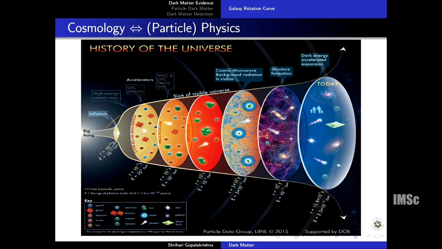And we can go to even larger scales, and that's where we need inputs from cosmology. We have gone to such large scales that we have to really deal with the fact that the universe is expanding and then make sense of the whole picture. This graphic tells us, as we are here, present day, and if we look farther and farther, it is like looking back in time, and the universe becomes hotter and hotter because the universe is expanding.